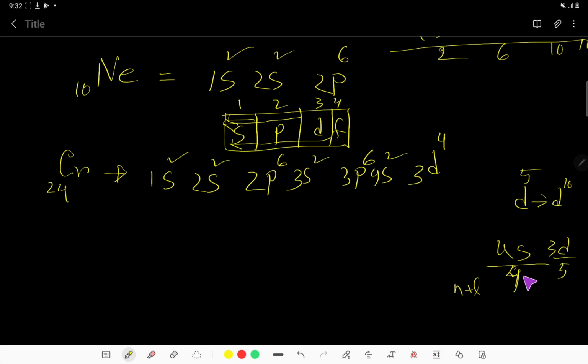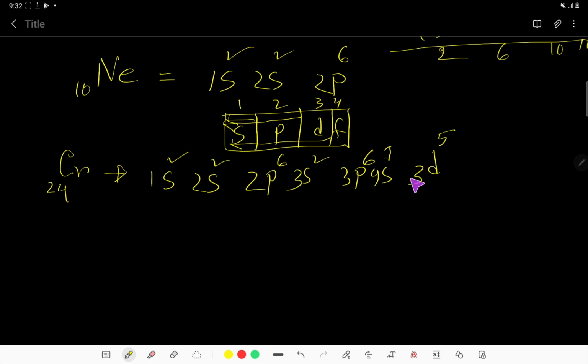The energy of 4s and 3d is close to each other, and d has a d4 configuration, so it will take one electron from the highest n subshell, that is 4s, and it will become d5. d5 is very stable, right? That is why it will take an electron from 4s, and its actual electron configuration will be like this.